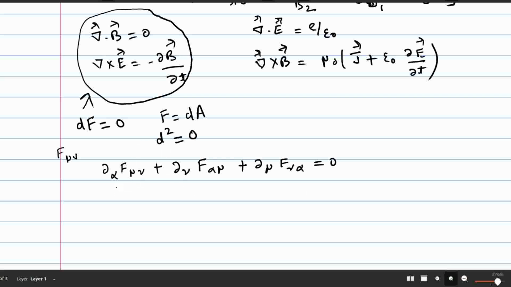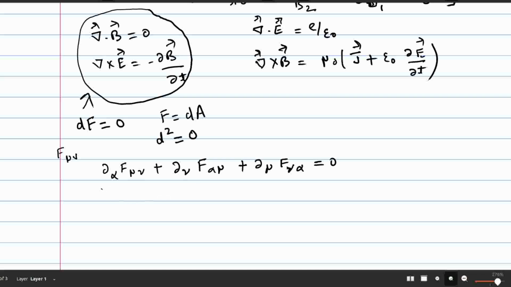Here we have taken all cyclic permutations of alpha mu nu, then nu alpha mu, then mu nu alpha, and put it equal to 0.